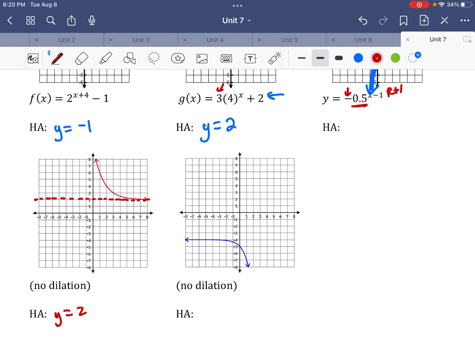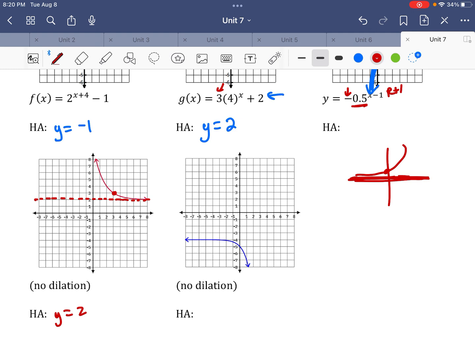It went up 2, and since there was no dilation, I'm looking for the point that's 1 unit away, because remember the original graph, this spot is 1 unit away from your horizontal asymptote right here.